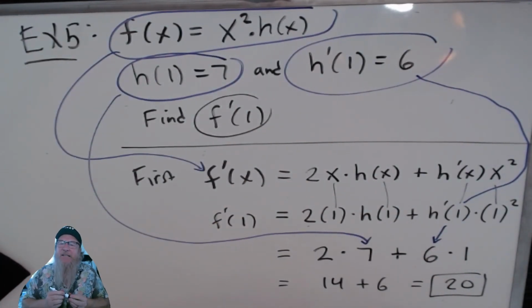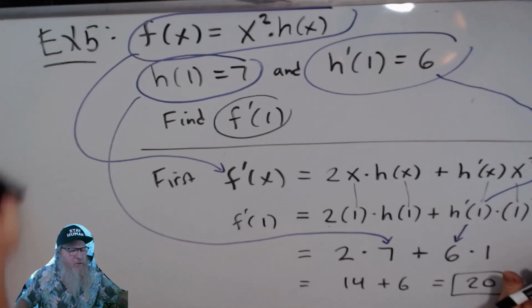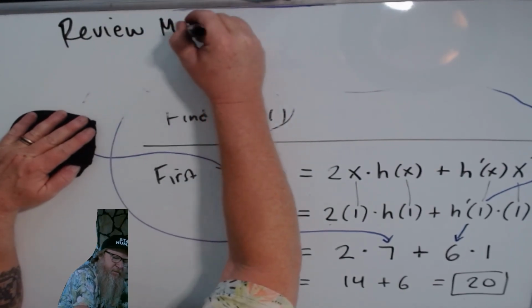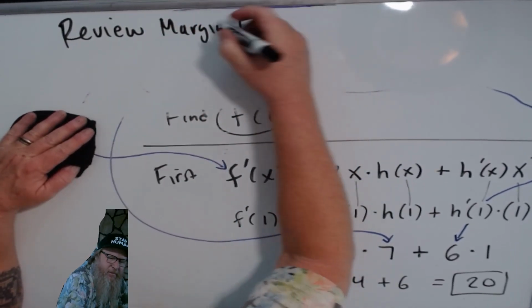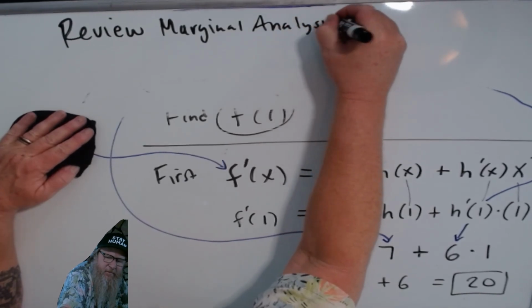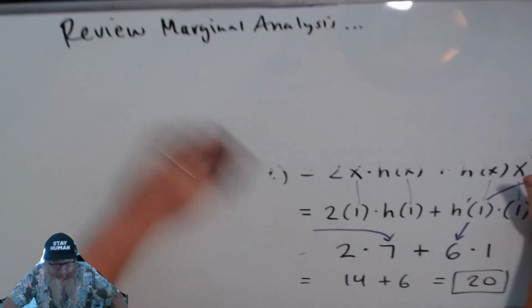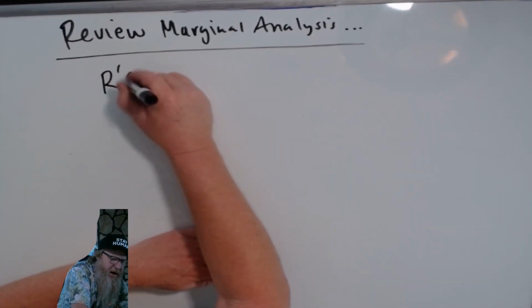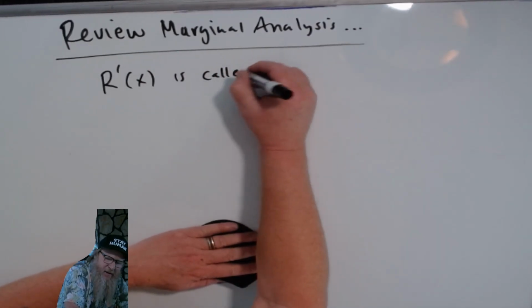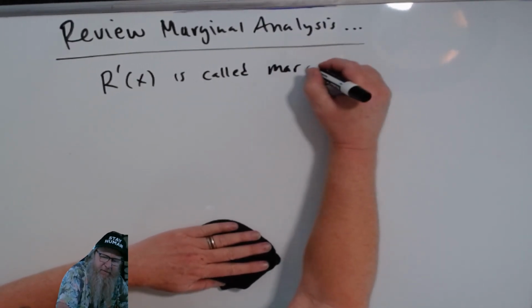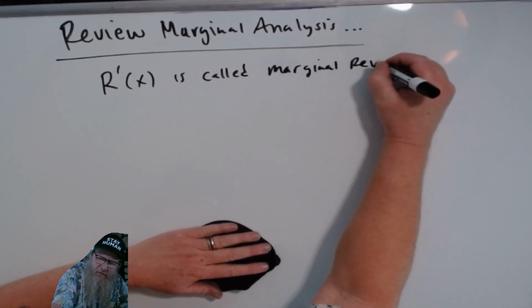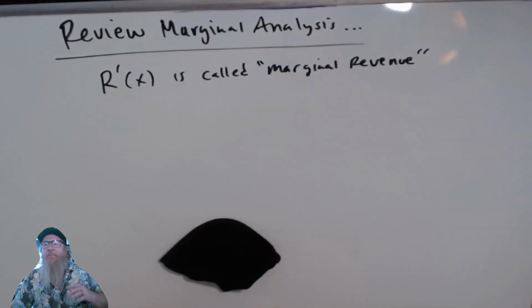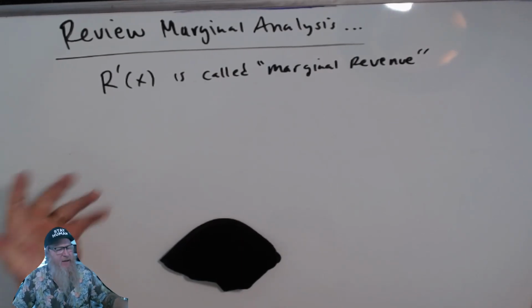In the last time we were together, we were talking about marginal analysis. So a quick review. Let's talk about marginal revenue. Remember, R prime of x. I'm just going to do one example. It's called marginal revenue. But you have this concept for all of the applications: cost, profit, and revenue.